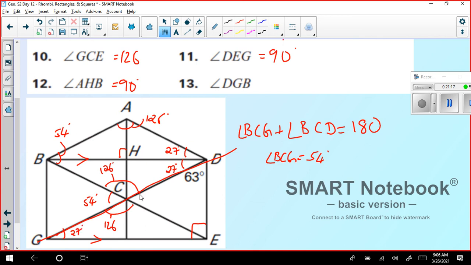So angle DGB will be equal to 63. In the same way, this is going to be 63. This particular side will be equal to this particular side, and they will also be parallel.